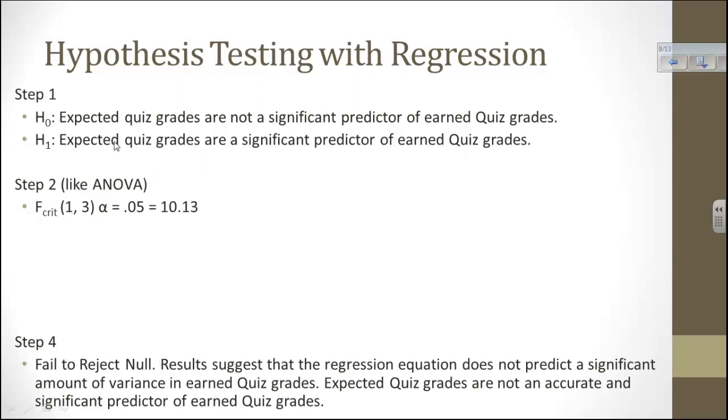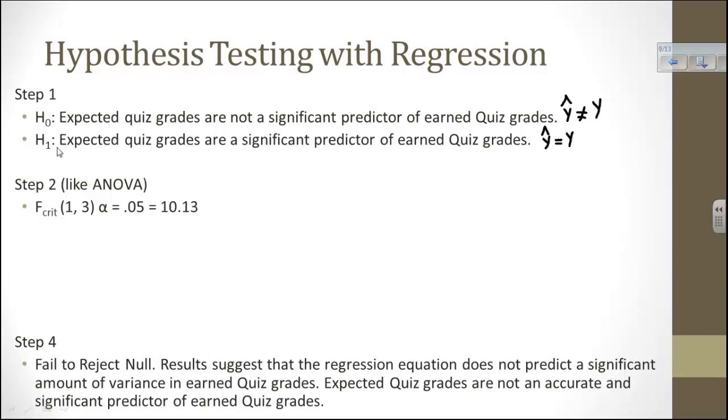You actually write this out in words. This is the scientific way to do it. I would also accept if you wrote it in symbols. If you wrote, for instance, y hat is not equal to y, and then for alternative, y hat is roughly equal to y.